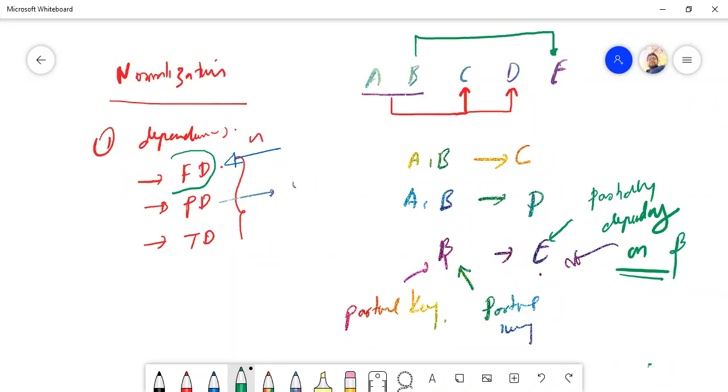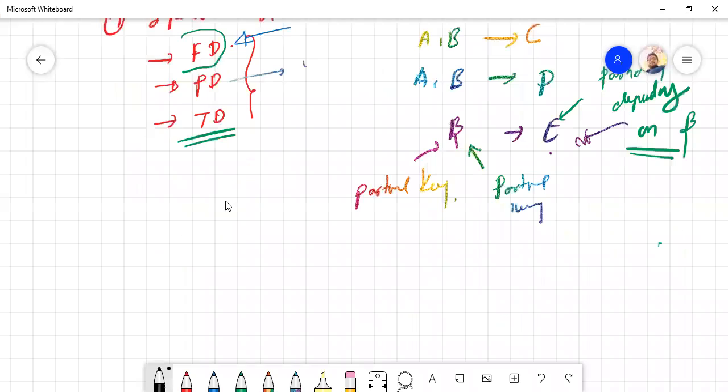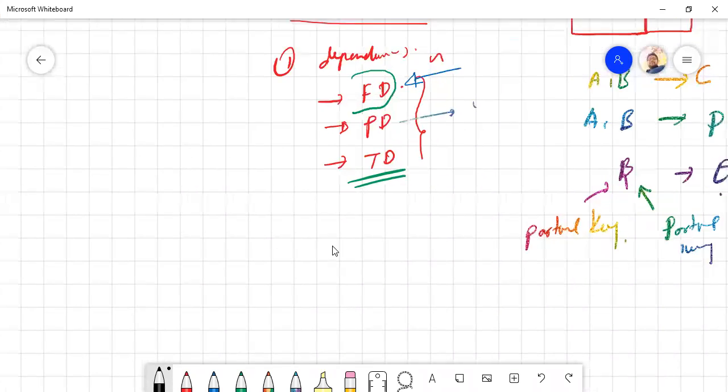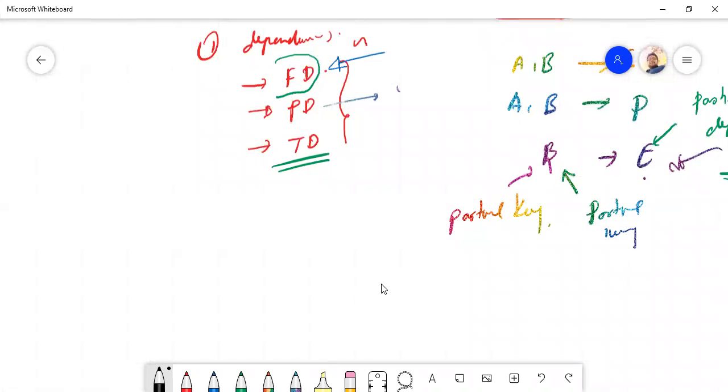I hope that you understood the partial dependency. Yeah, right, fine. The next one is transitive dependency. We all know about it. In a transitive dependency, a non key depends on another non key.